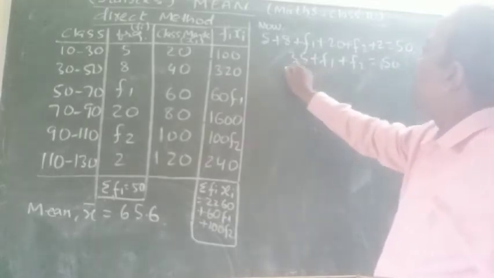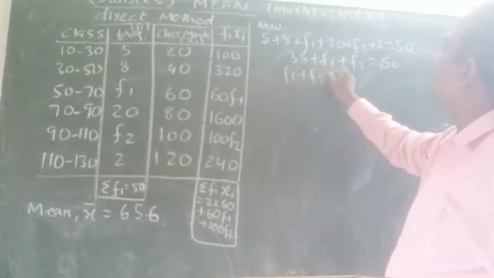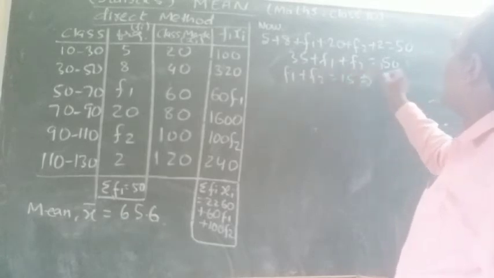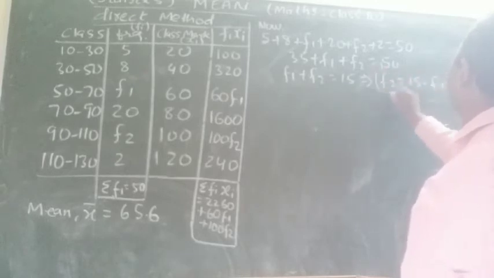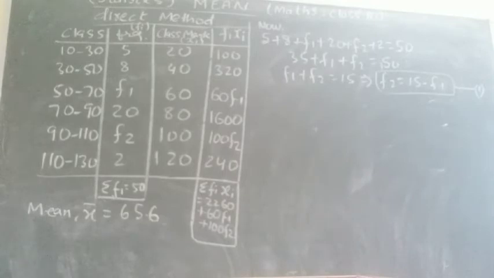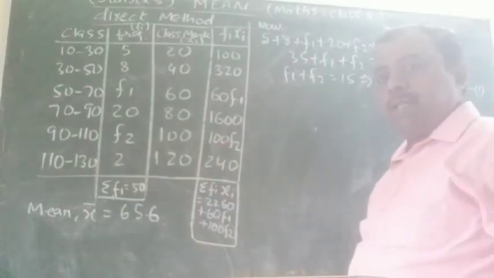What is the value of F1 plus F2? F1 plus F2 equals 15, and the value of F2 in terms of F1 is 15 minus F1. This is equation number 1.